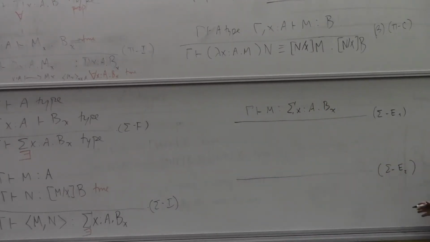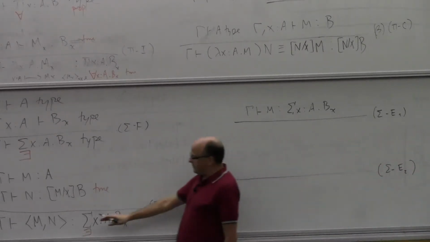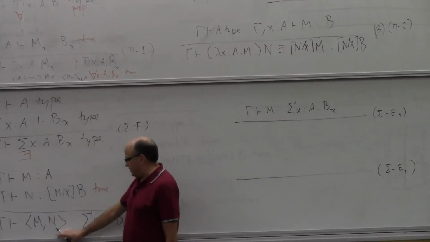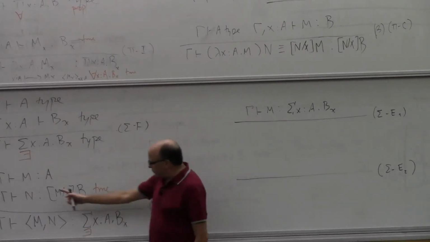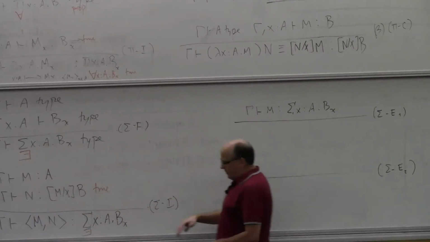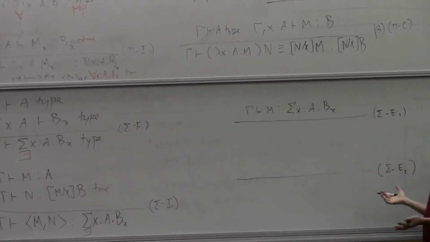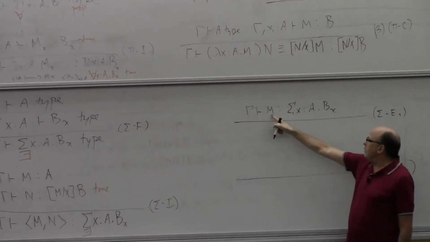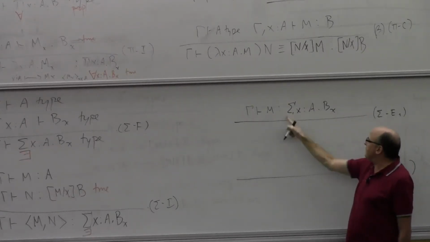Well, the principle is that the introduction rule tells us what the elements are. They're ordered pairs. So if I put two things into it, then by the principle of conservation of proof, I should be able to pull those two things back out of it.